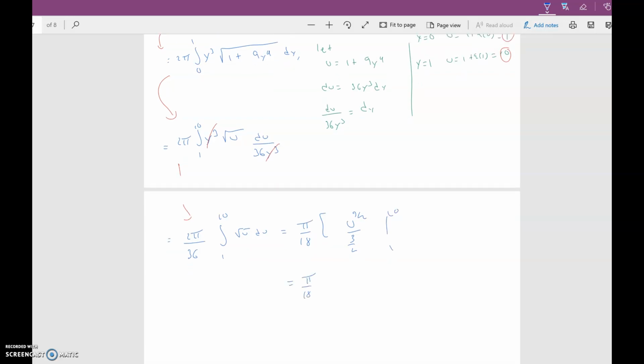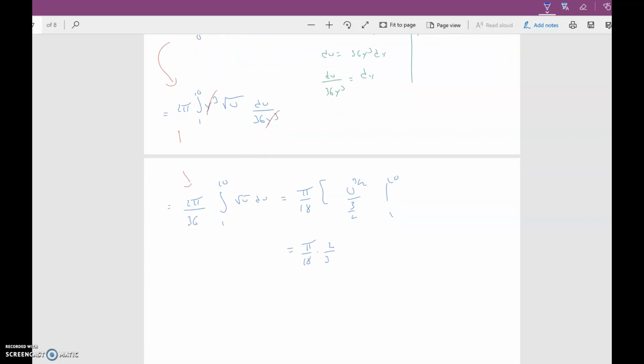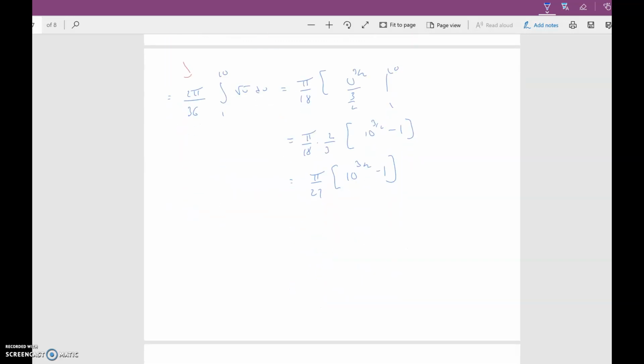So pi over 18 times 2 over 3, and then the limits are going to be 10 to the 3/2 minus 1, or pi over 27 times 10 to the 3/2 minus 1.